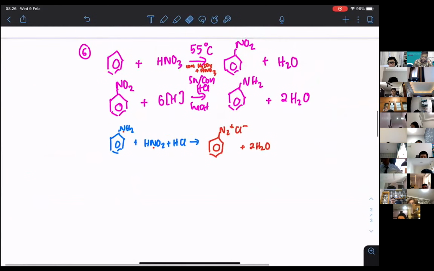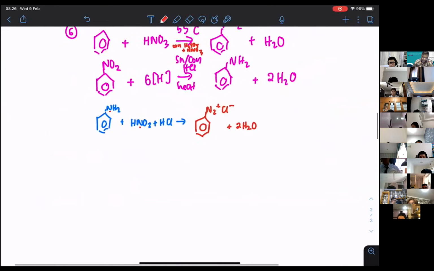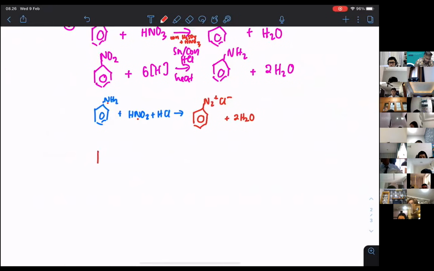Okay, you are going to get the salt. After you get the salt, you are going to react this one, N2+ Cl-. You want a yellow dye, so you react with nitrogen combined with CH3, combined with CH3, not with phenol.